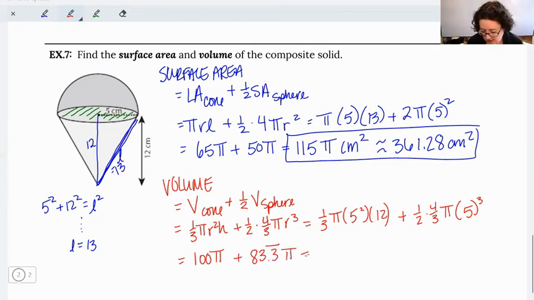And so we add those together and we get 183.3 repeating pi. We have units for volume, centimeters cubed. And if we change that over to a decimal, again, plugging in 183.3 repeating or 183.3333333, type in a whole bunch of threes and it'll keep it more accurate. That gets us to 573.96 centimeters cubed.